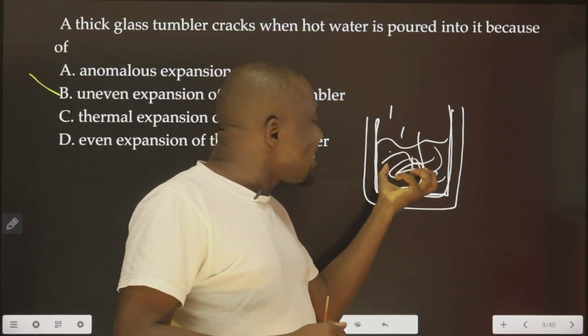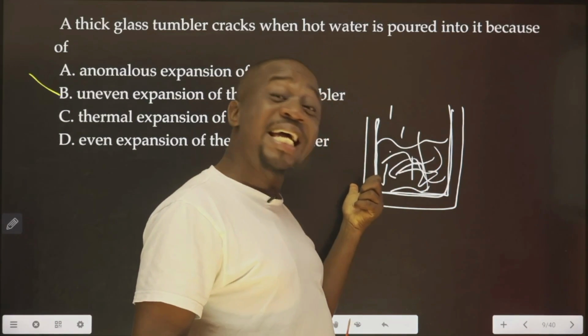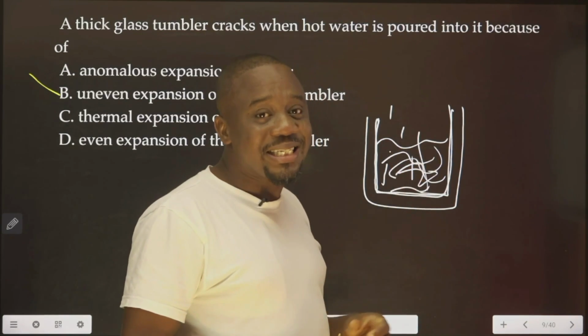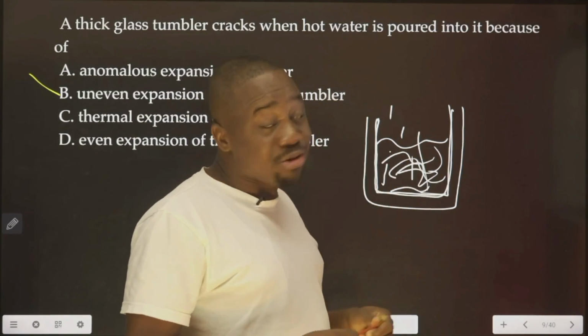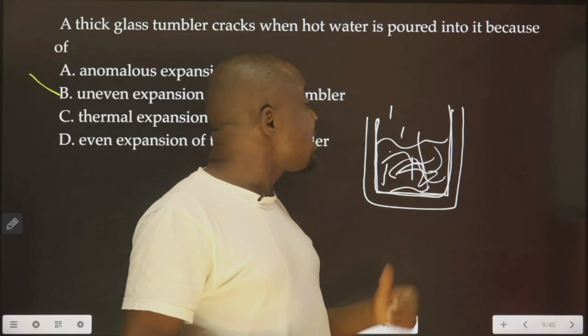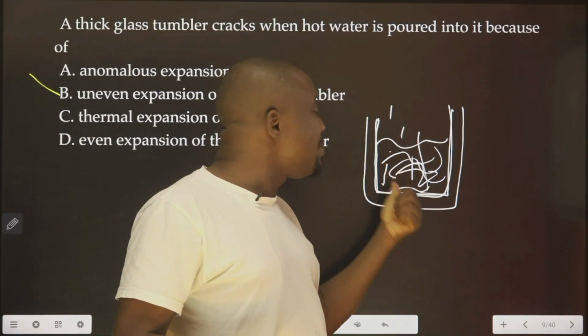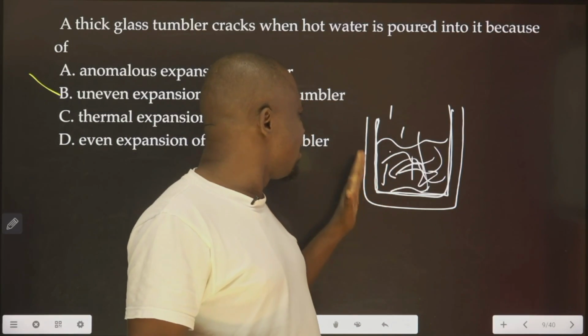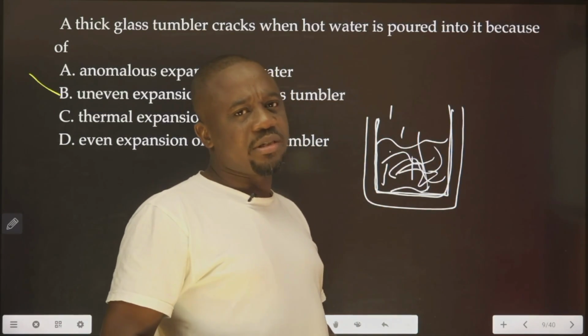Remember, the heat that is being absorbed is not getting outside yet. Outside is still colder than inside. The inside is hotter than outside. It means the expansion that is being experienced by the internal surface is not experienced by what? The external surface.